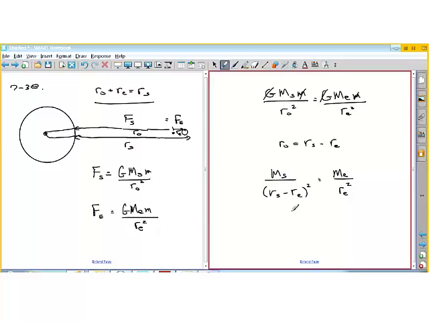Okay, so what do we want to do? We probably want to cross multiply and then expand this out. So we'll get the mass of the Sun. There's actually two solutions. There's one where it's on this side and there's one where it's on this side.